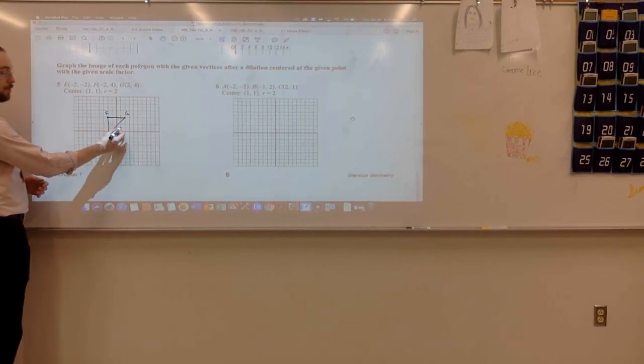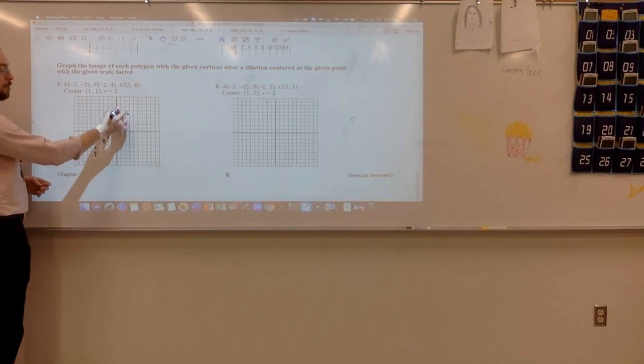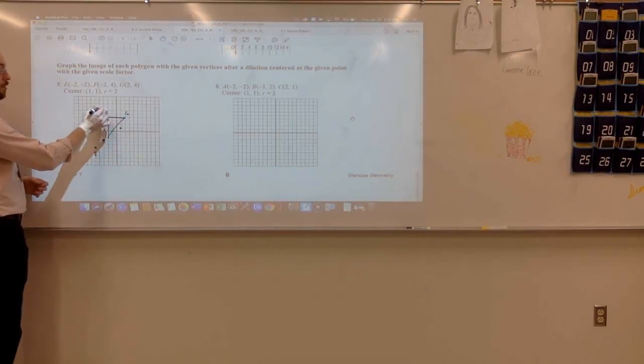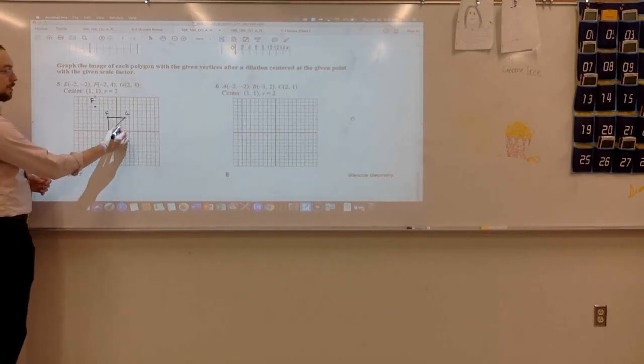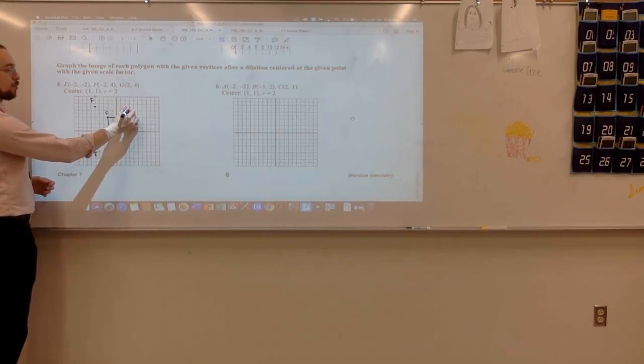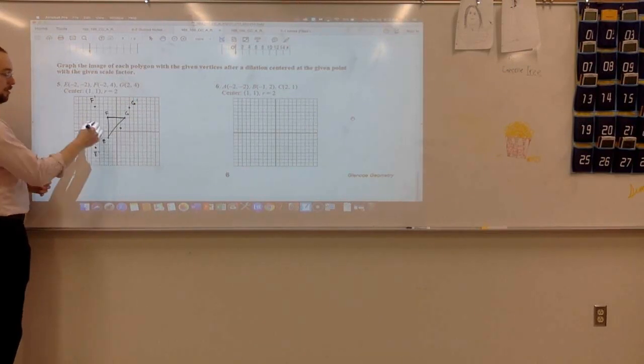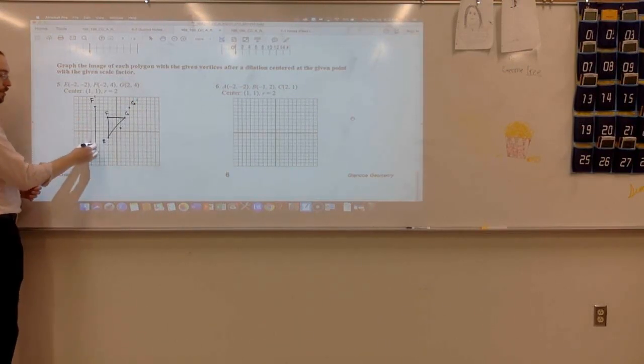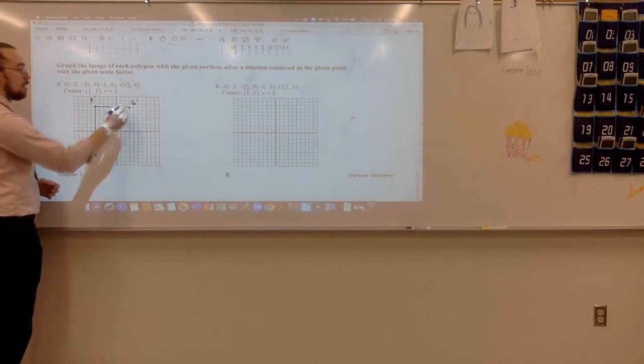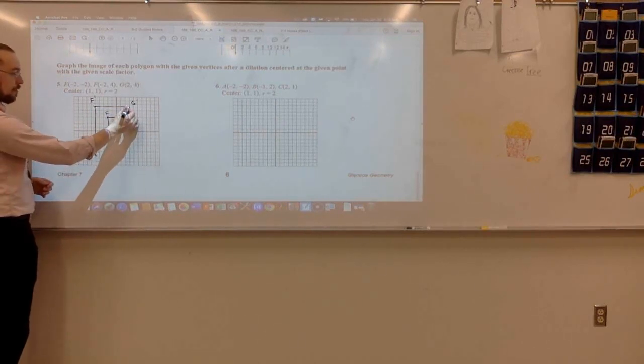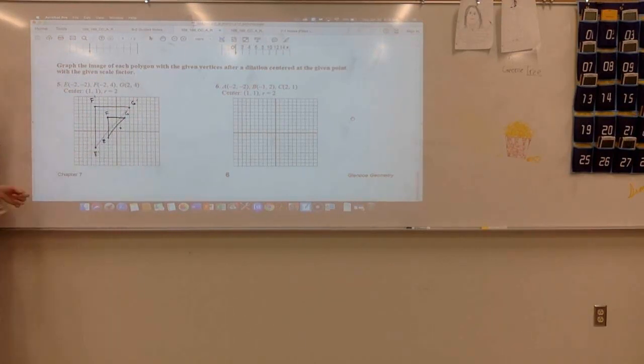So from my center of dilation, I would go up 6, left 6. And for G, I go up 3, right 1. So I'm going to go up 6, right 2. So here is where my new triangle will be after a scale factor of 2 centered at the point 1, 1.